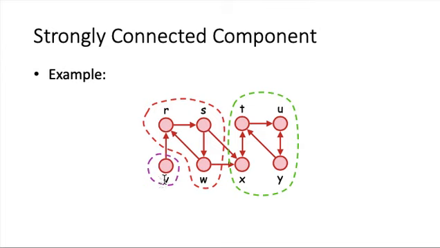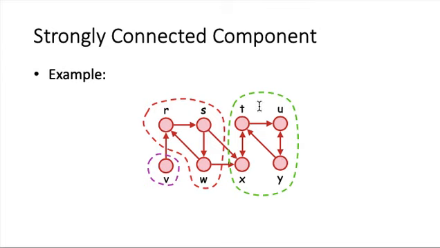In contrast, V can only reach itself, although it can also reach R, but R cannot reach V. So V and R are not in the same strongly connected component. V is only mutually reachable by itself, so V forms a strongly connected component by itself.